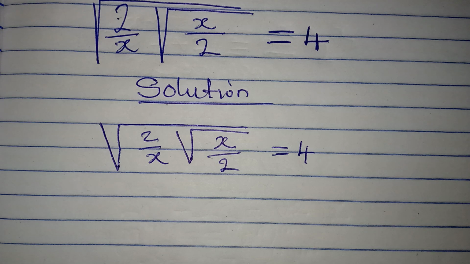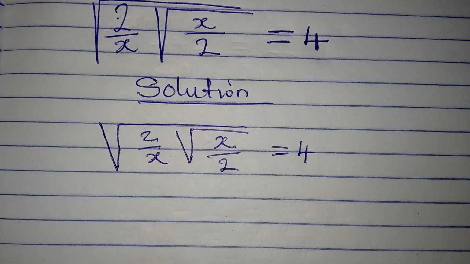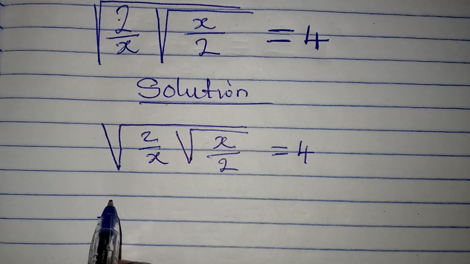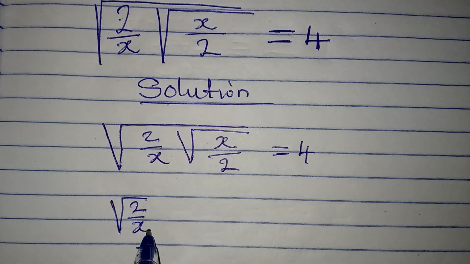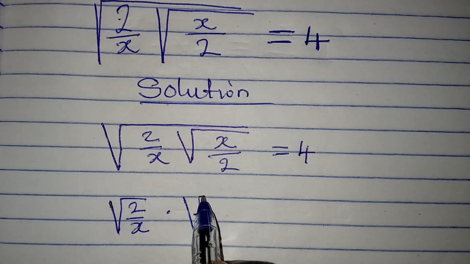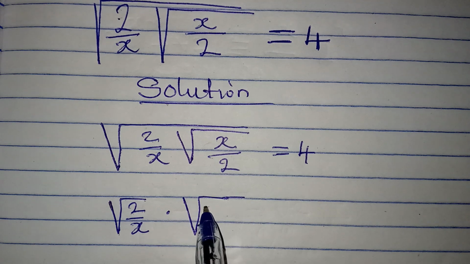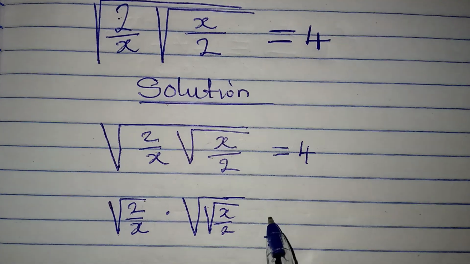Now this is very simple because we can separate what we have over here. If you separate this, you're going to have the square root of 2 over x multiplied by the square root of x over 2, equal to 4.